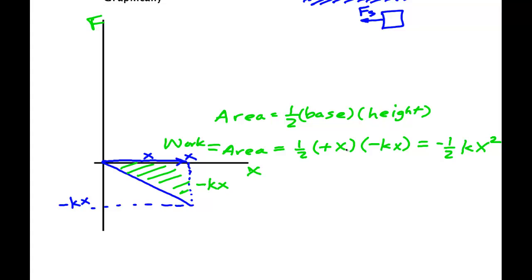Now notice the way I did this. If you go this direction, it's a positive x. You could also have the object already stretched and we could let it become unstretched. If you did that, the block would pick up speed. This distance would be a minus x. You get a minus times a minus, you get a positive work. Remember, negative work implies slowing down. Positive work implies speeding up.